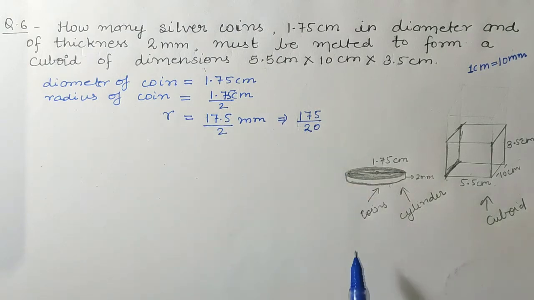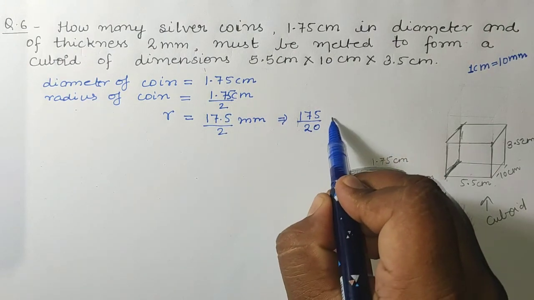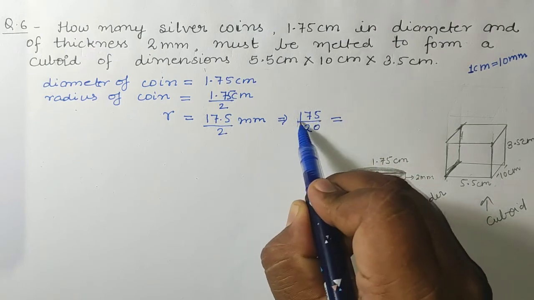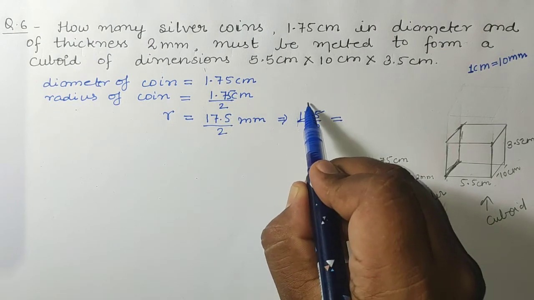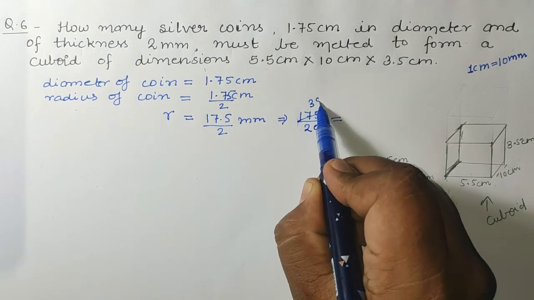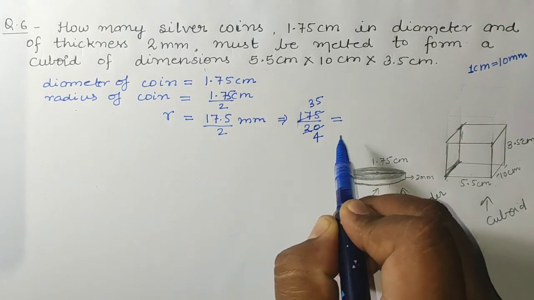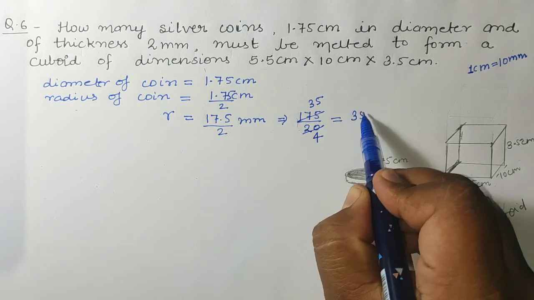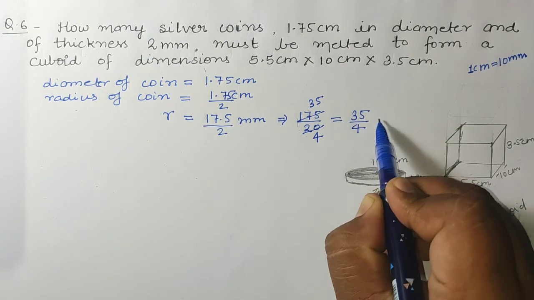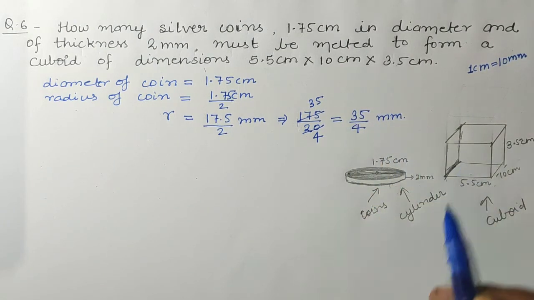After solving it, divide by 5: 5 3s are 15, 5 5s are 25, it will be 35, and 5 4s are 20. So here it will be 35 upon 4 millimeter. The radius of coin is 35 upon 4 millimeter.